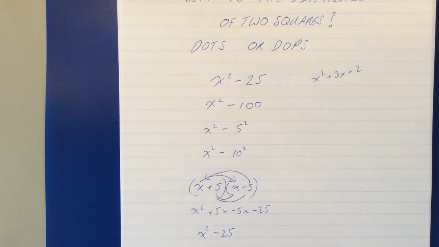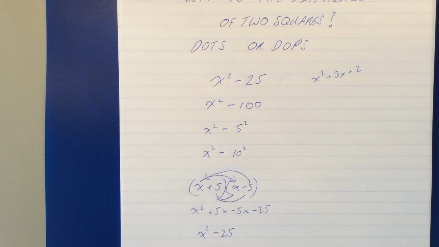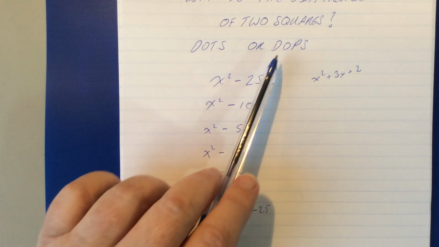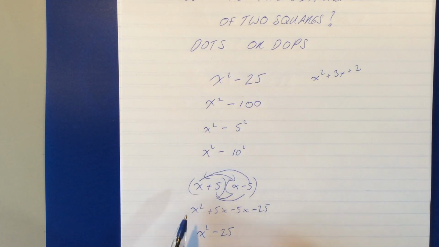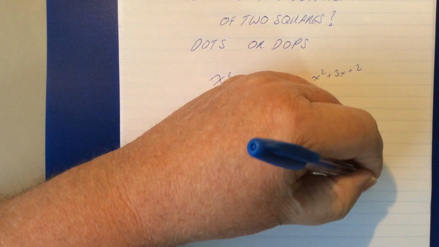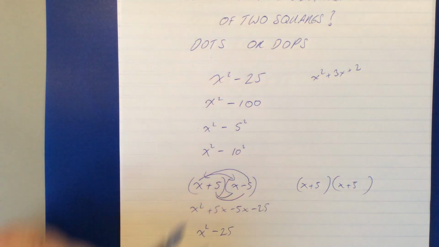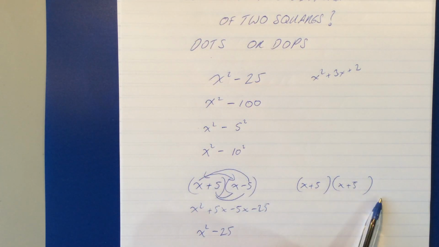So this is the factorized form of this, and you can see how it would get its name: the difference of two squares, or the difference of perfect squares, because this looks like a perfect square. Just to remind you, a perfect square would look like this: x plus 5, x plus 5, and it would expand to something that looks different to this.